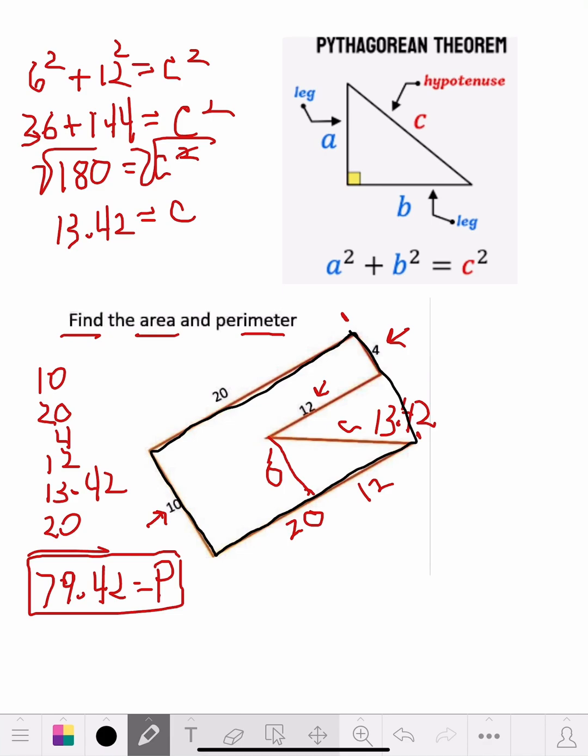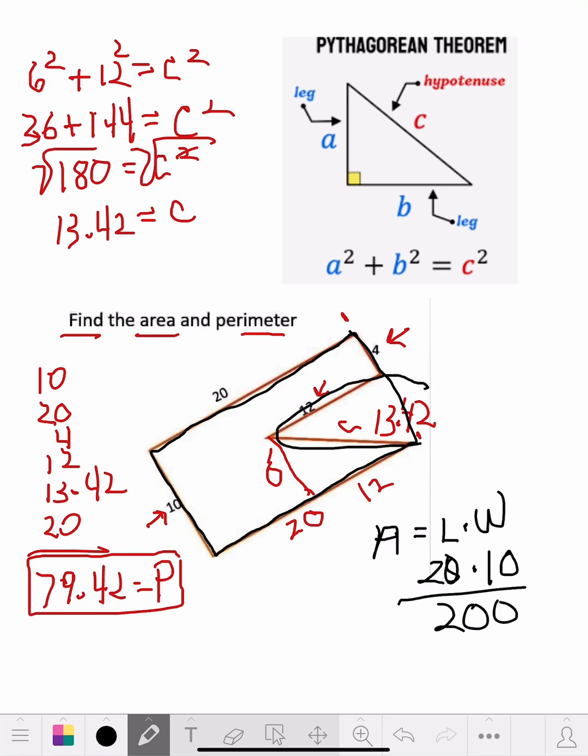The area of a rectangle is area equals length times width. So if that was the whole thing, it'd be 20 times 10. It'd be 200. That'd be the area.